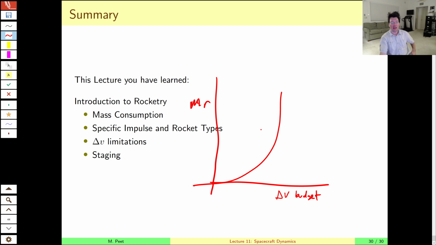And that's with staging, without structural mass. If you add structural mass in, then this would be the continuous staging case, and it becomes unreasonable. The rocket just can't support that much payload.